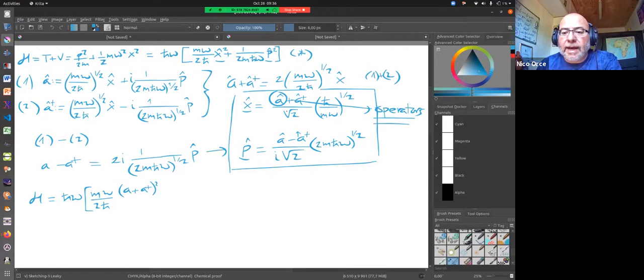So the square root of 2 becomes a 2, and these become h bar over M omega.